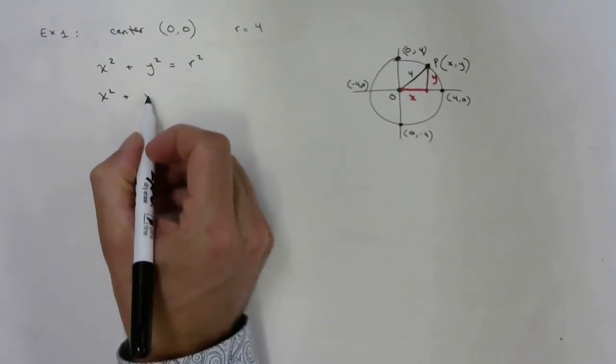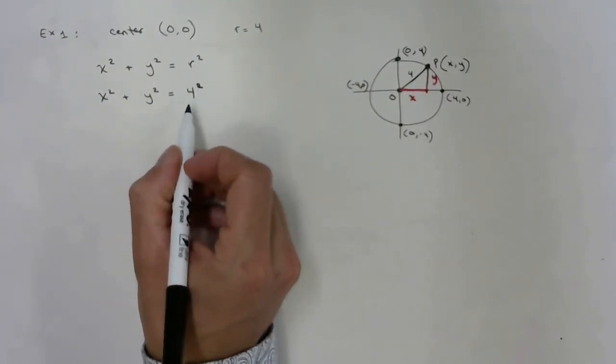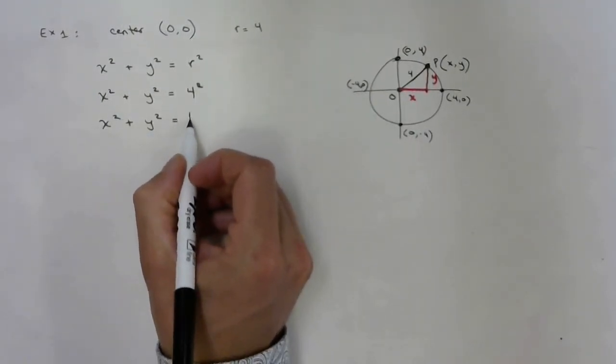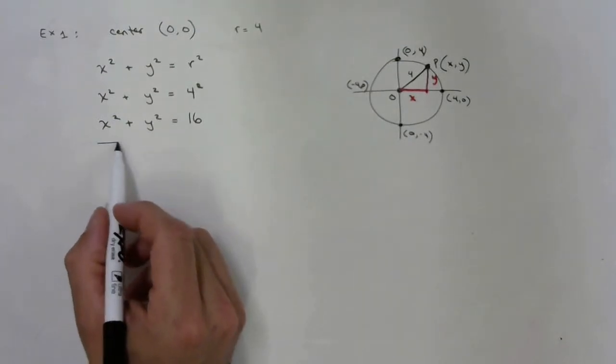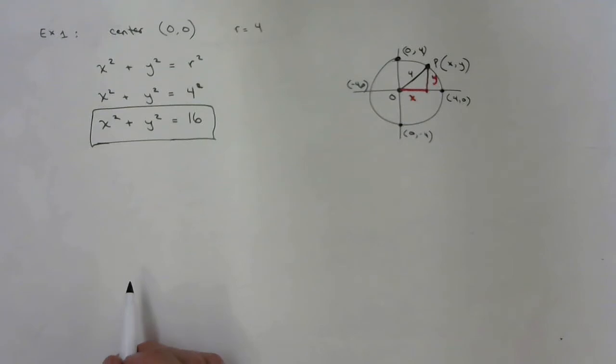And I know that r is 4. So x squared plus y squared equals 4 squared. And I know that 4 squared is 16. So the equation of my circle is x squared plus y squared equals 16. Okay?